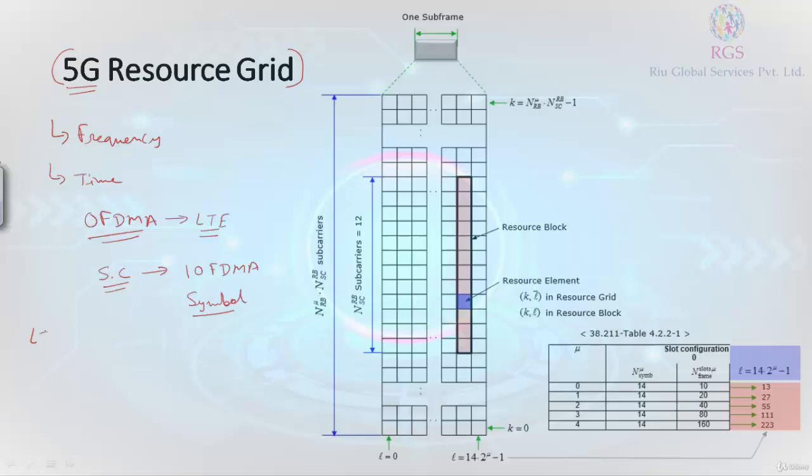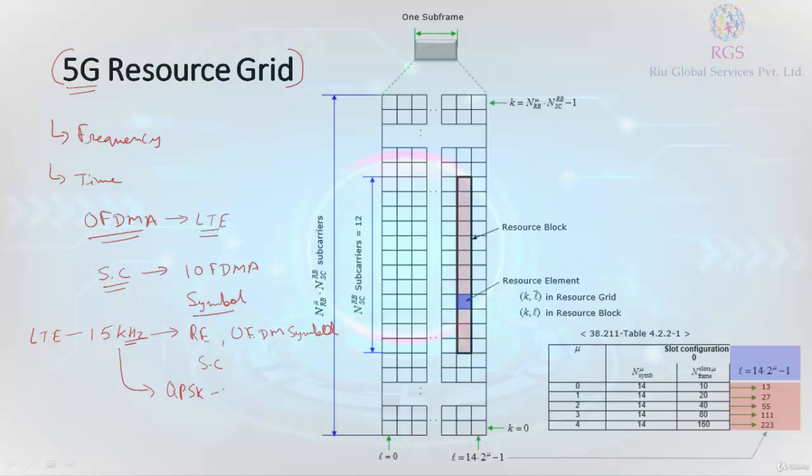For example, in LTE, the smallest symbol was 15 kilohertz. The smallest symbol means this 15 kilohertz resource element, subcarrier, or OFDM symbol. They are the same thing. This is the smallest unit, the smallest granularity where the data is going to flow.